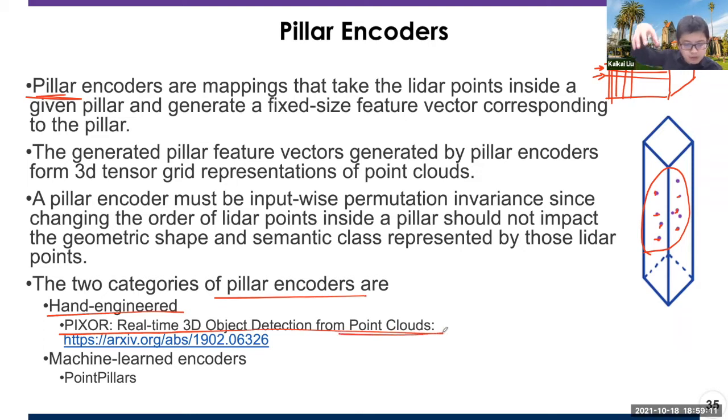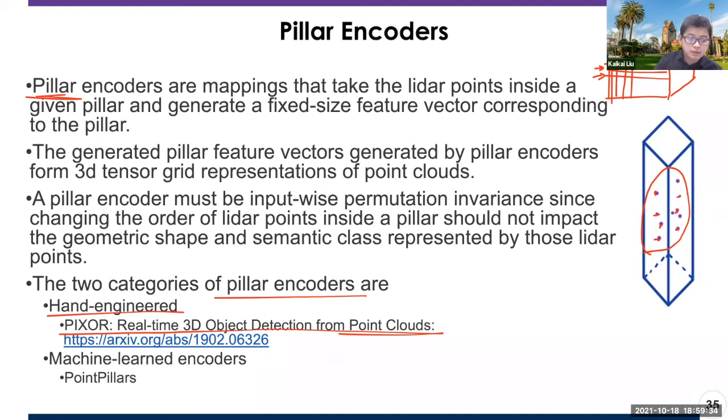This kind of hand-engineered pillar encoder is very similar to bird's eye view projection. Besides bird's eye view projection, we also have a vertical pillar, which is not just compressing into a 2D image; it can also get some features from the height. Baidu's approach is also a similar kind of pillar encoder.